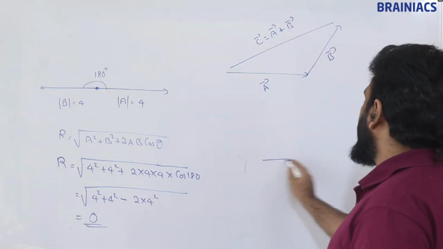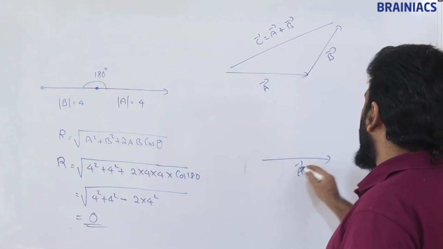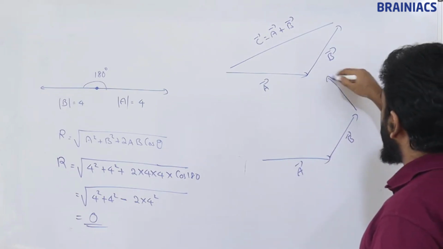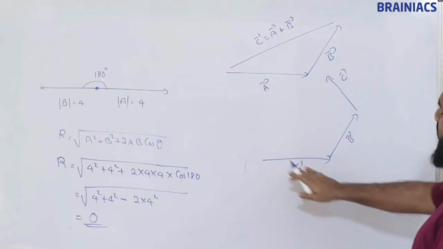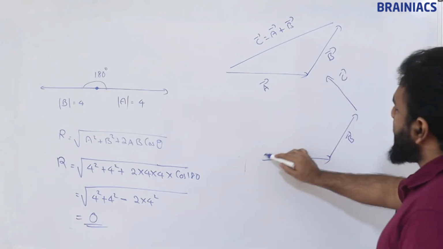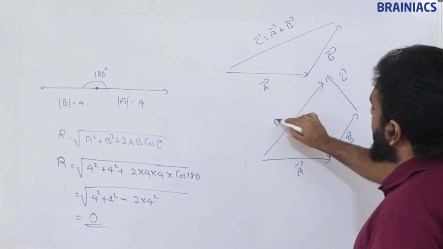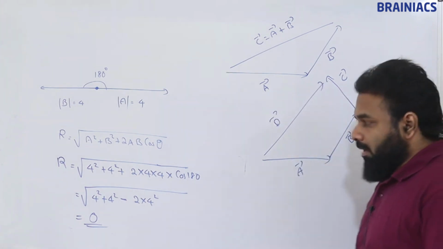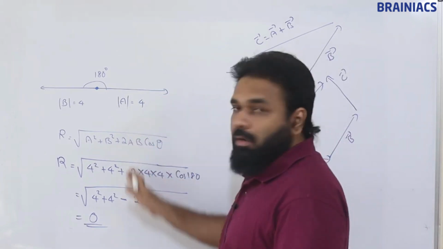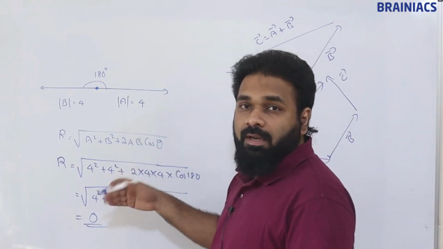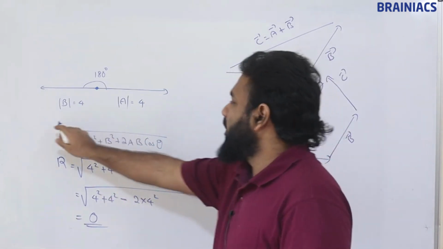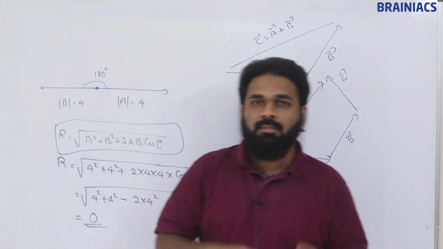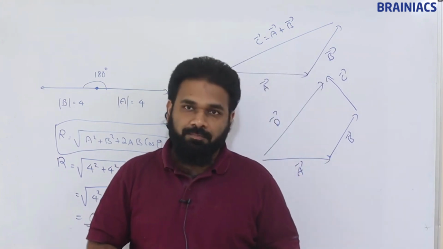Suppose this is one vector, this is another vector, and this is another vector, then the resultant of these three vectors is nothing but this vector. That is the polygon law of vector addition. The parallelogram law of vector addition we have done in the analytical method, and this formula we have derived. All these discussions are addition and subtraction of vectors.